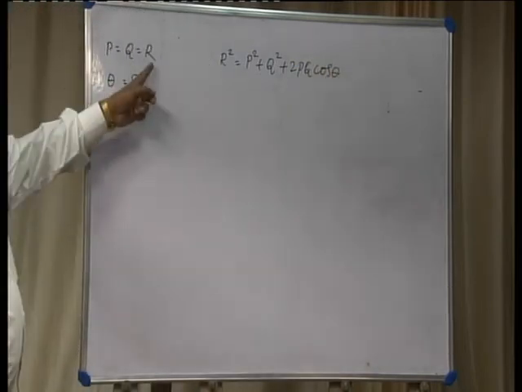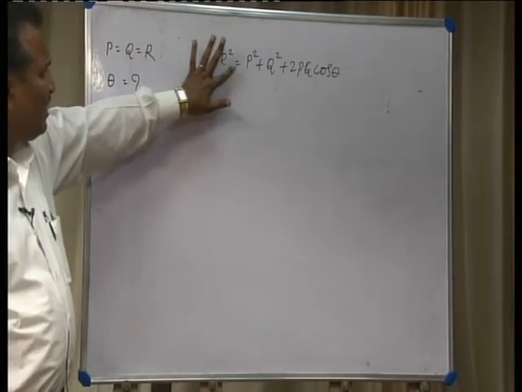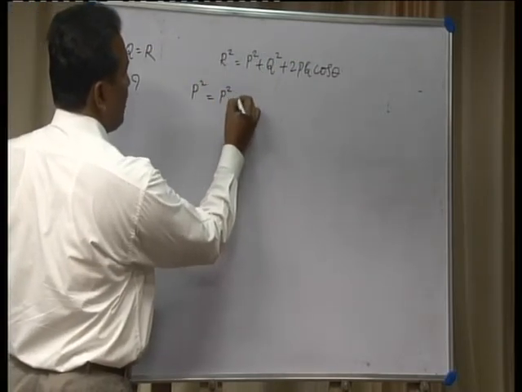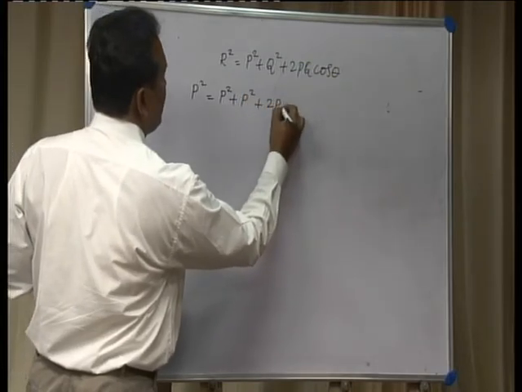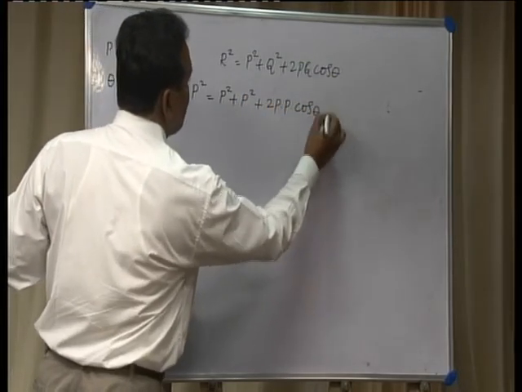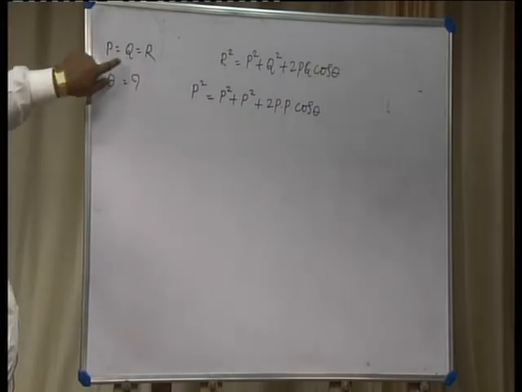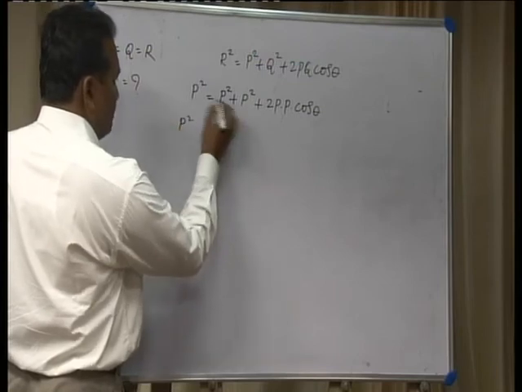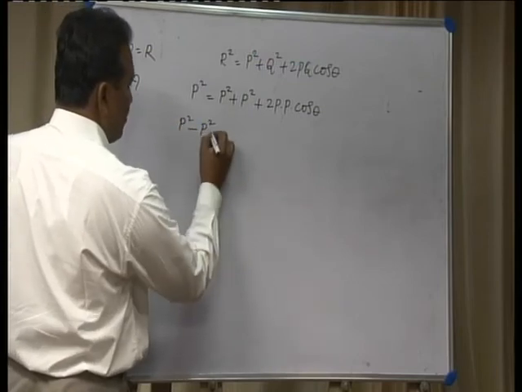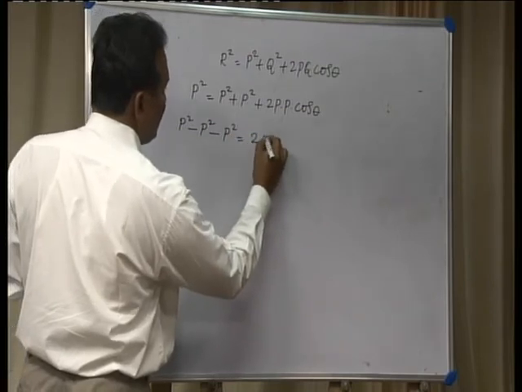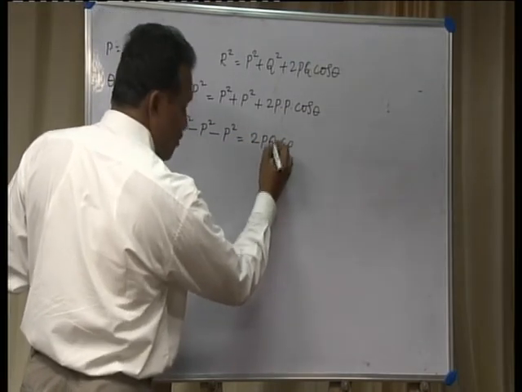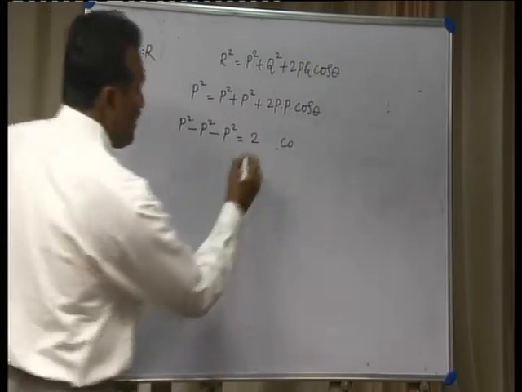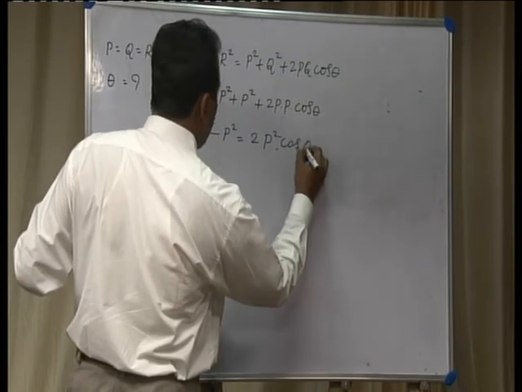All these three forces are equal, therefore I will replace everything by P. P square is equal to P square plus P square plus 2 into P into P cos theta, because the two forces are equal and the resultant is also equal to either of them. Now, this P square comes to this side, minus this also comes to this side, and the remaining thing on the right hand side is 2 P into P, it is 2 P square cos theta.